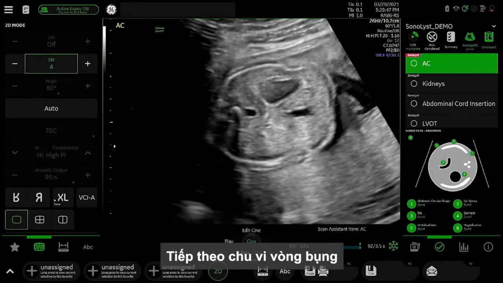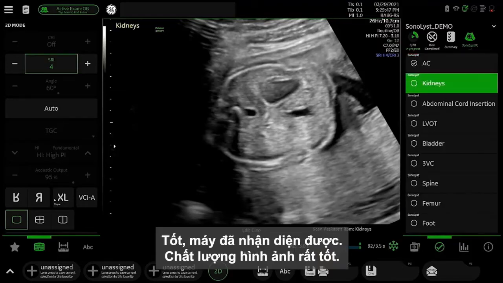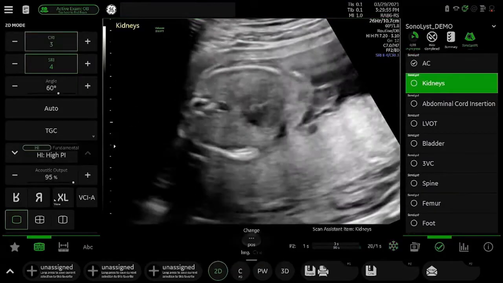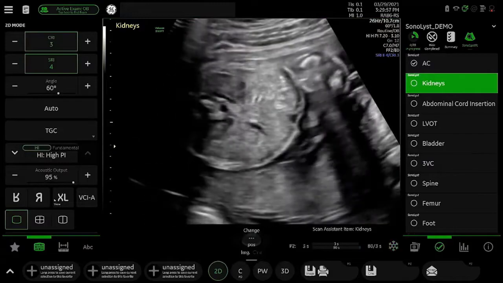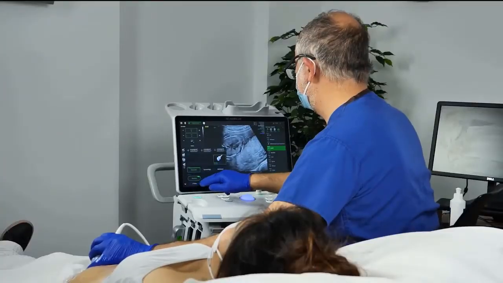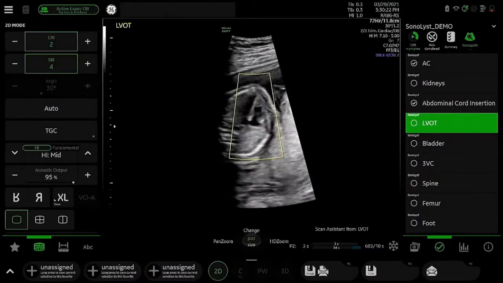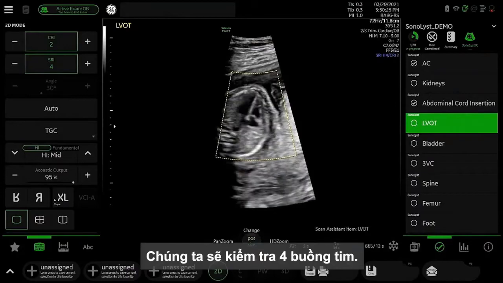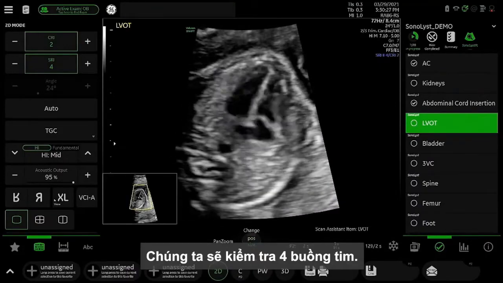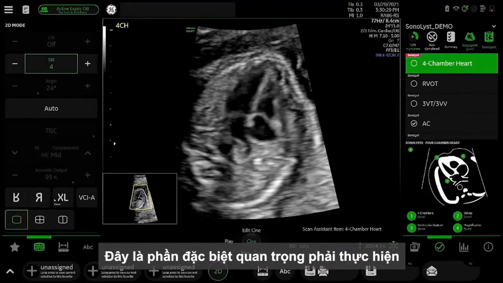Abdominal circumference. Good. And it's happy with all the imaging criteria there. Cord insertion. Now these are the 4 chambers of the heart. So again, now when we come to the heart, it's particularly important to have that quality check.